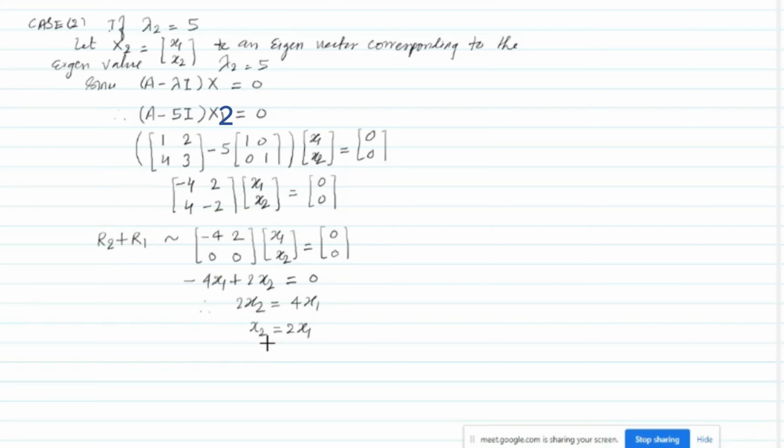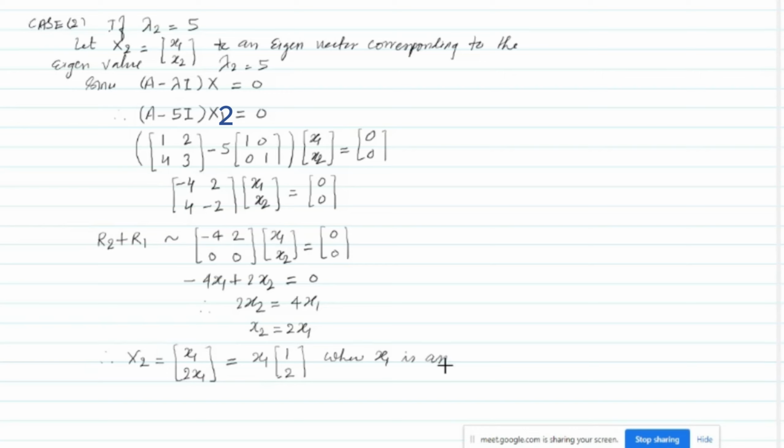Just replace the value of x2 by 2 x1. So x1, x2 equals x1 as it is, and x2 is 2 times x1. Taking x1 outside, this becomes 1, 2.